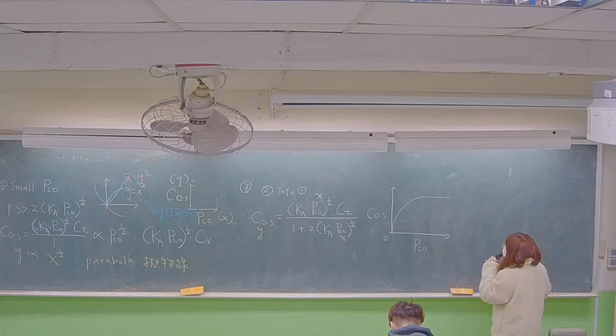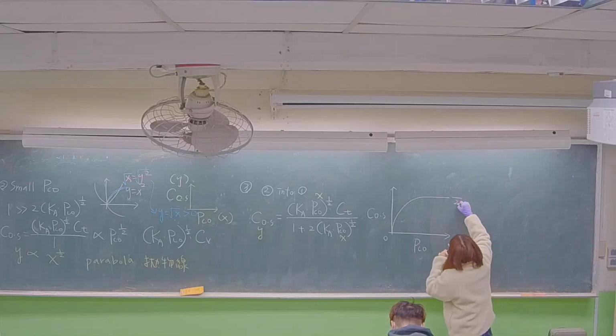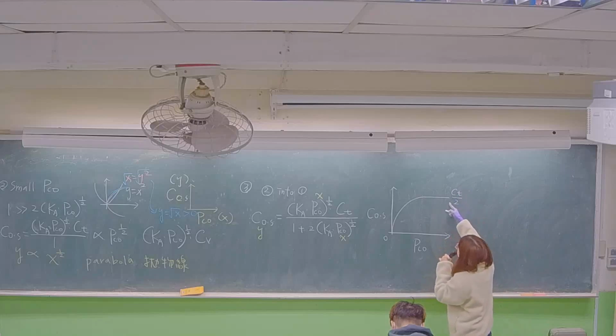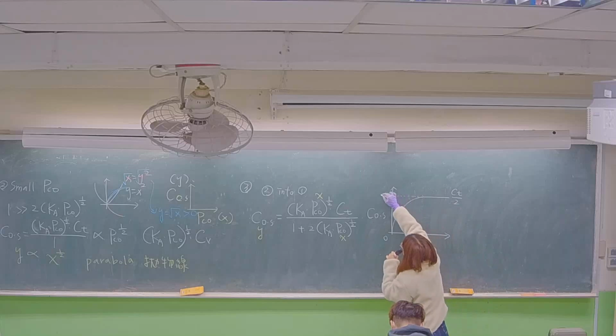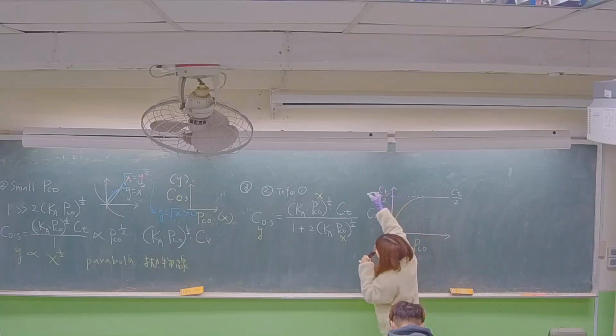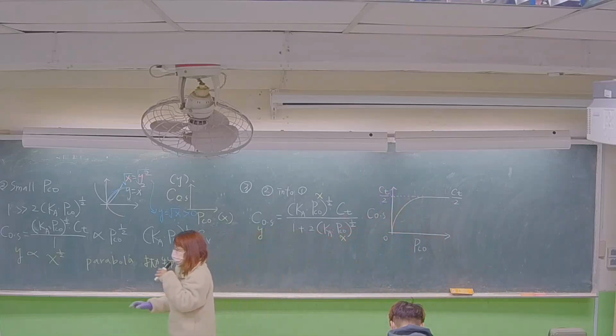And also, maybe you can indicate this as CT over 2. The value here is CT over 2. Okay, so that is the isotherm for dissociative adsorption or atomic adsorption.